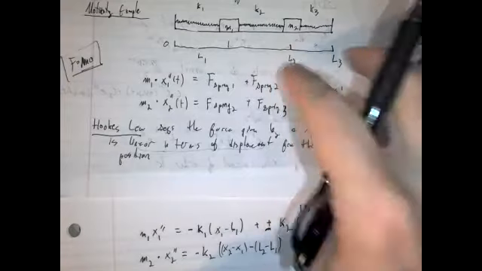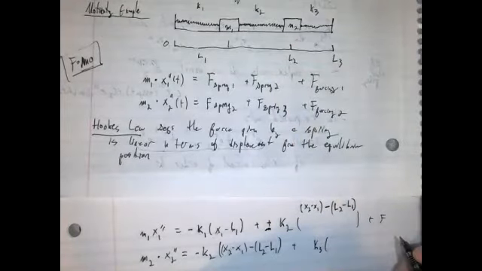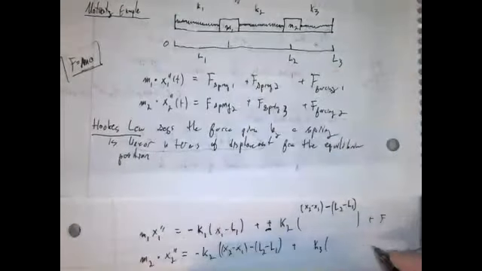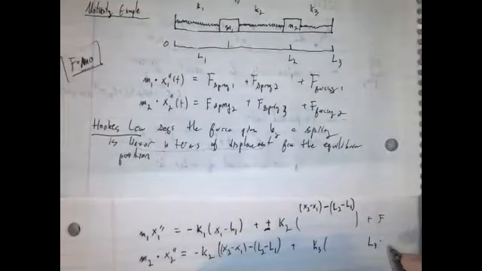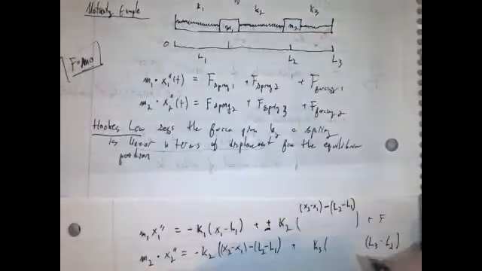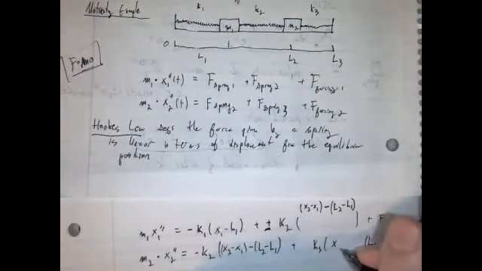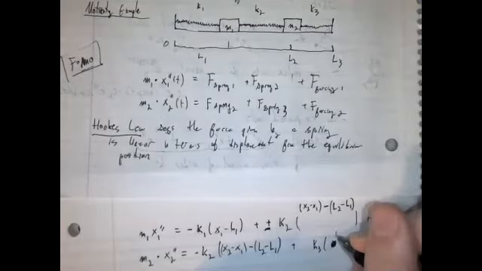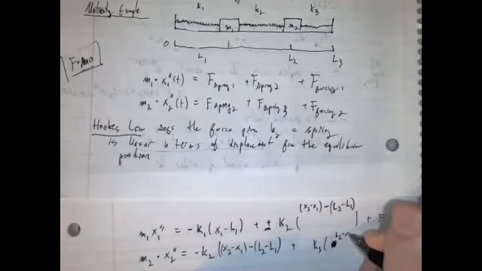And then in terms of spring 3, I want some coefficient times K3. And then here I'm looking for the rest distance of this thing, which is L3 minus L2. And the actual distance of M2 from the right wall is L2 minus X2.